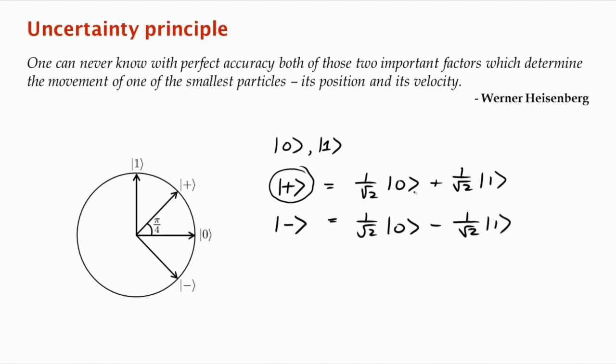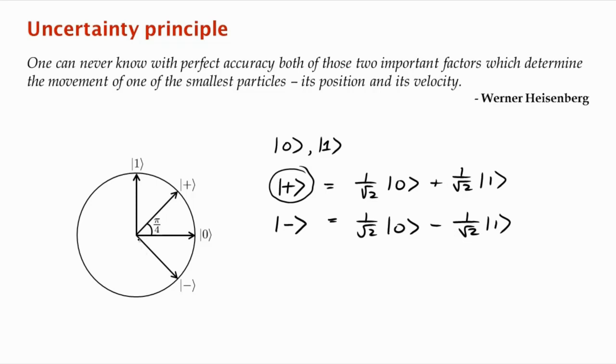You should check that they're both normalized, so they are unit vectors, and they're orthogonal to each other. The inner product is 0. Right? The inner product is 1 over square root 2 times 1 over square root 2 plus 1 over square root 2 times minus 1 over square root 2. So these are orthogonal vectors as well.